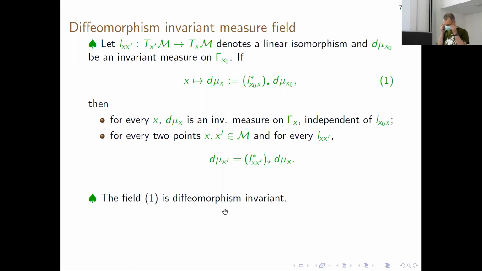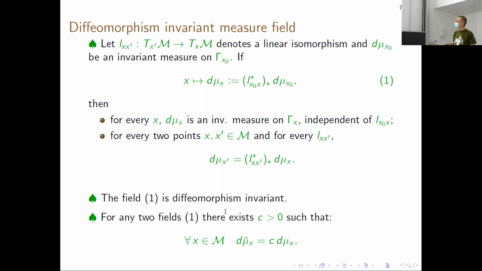Now one may ask a question: how many fields of this sort do we have? Not many. In fact, you can use the uniqueness, up to a positive multiplicative constant, of this measure to show that if you have any two fields of this sort, then there exists a positive number such that for every x, the following formula holds, right?